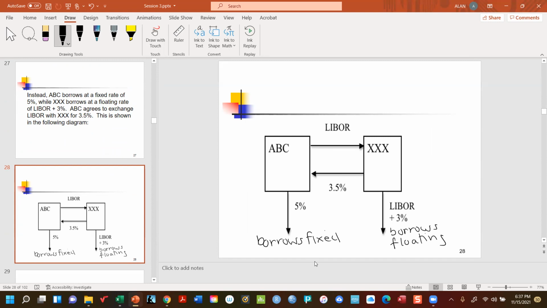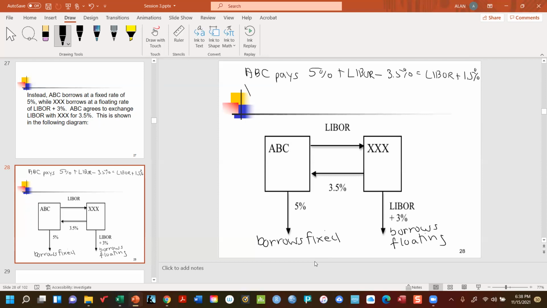ABC is paying LIBOR to XXX in exchange for 3.5%. So ABC pays 5 plus LIBOR minus 3.5%, or LIBOR plus 1.5%.